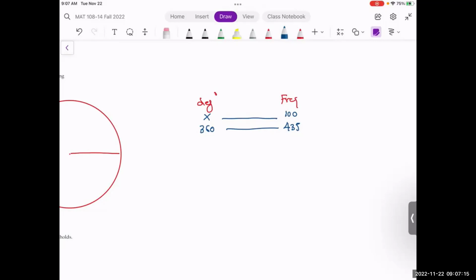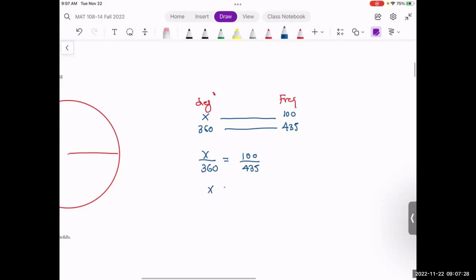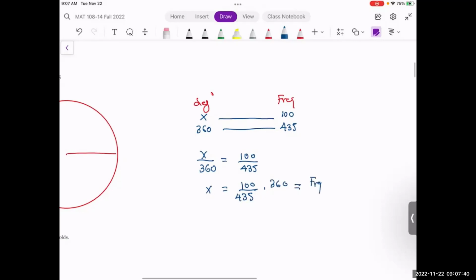So what I'm going to do is X divided by 360 is going to be equal to 100 divided by 435. Solving for X is going to be 100 divided by 435 times 360. So in other words, it's going to be the frequency times 360 divided by 435.